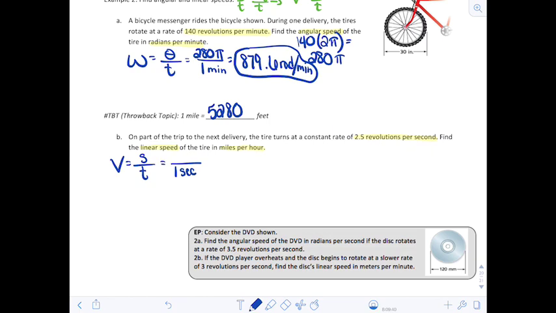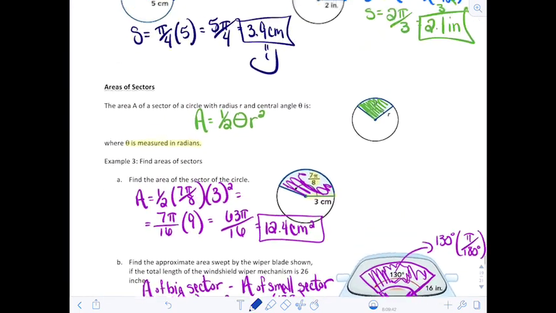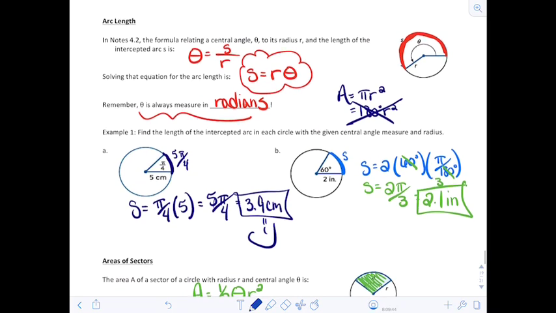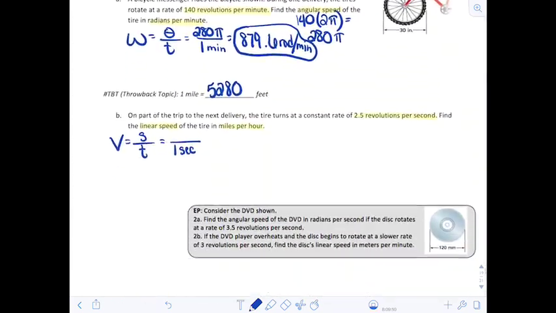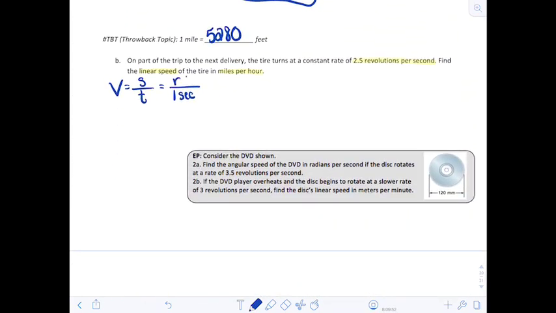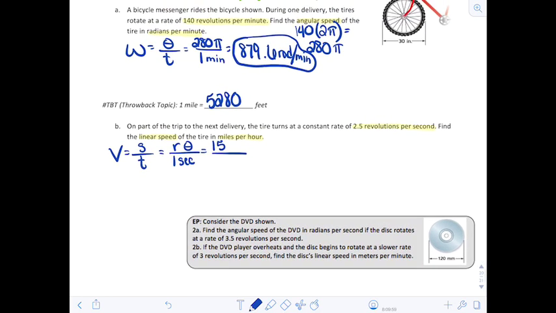So remember that arc length, as we talked about back up at the top, is r times theta. So if this is r theta, that's 15 as my radius, that's half of 30, over 1 second.